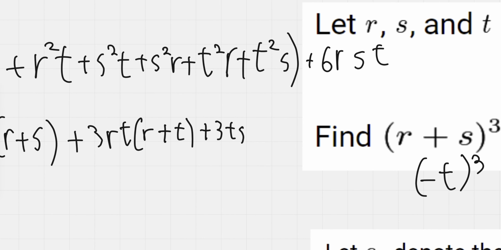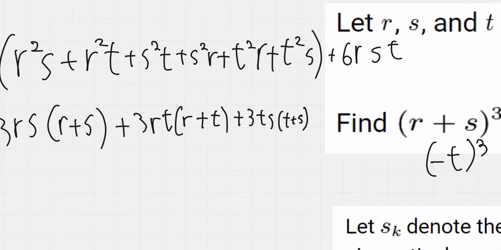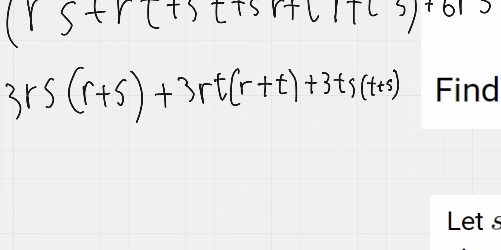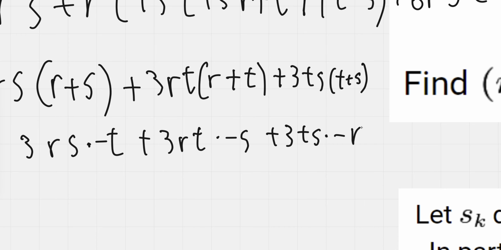ts times t plus s. Okay, we can rewrite this again as 3rs times negative t plus 3rt times negative s plus 3ts times negative r.